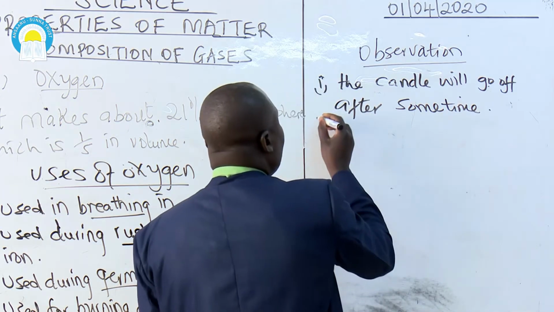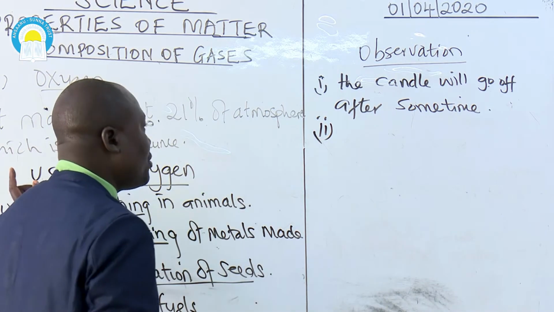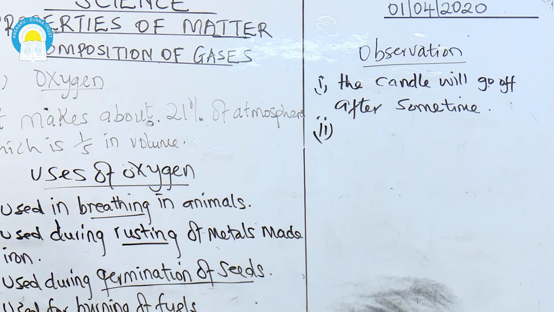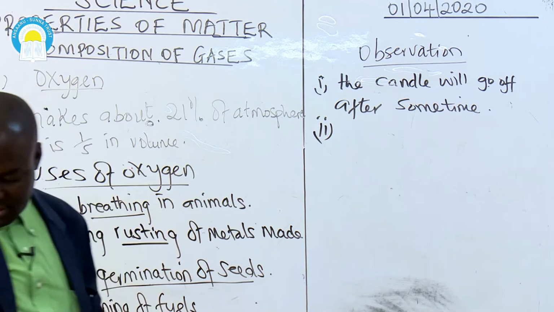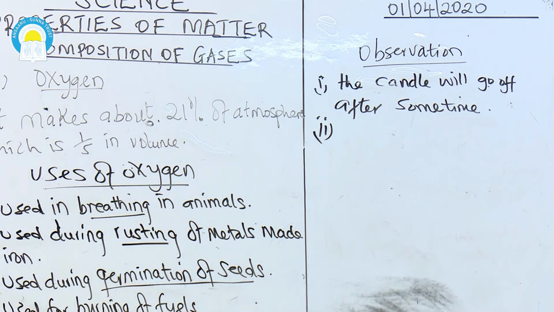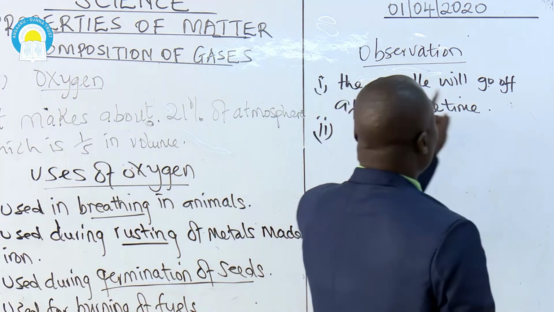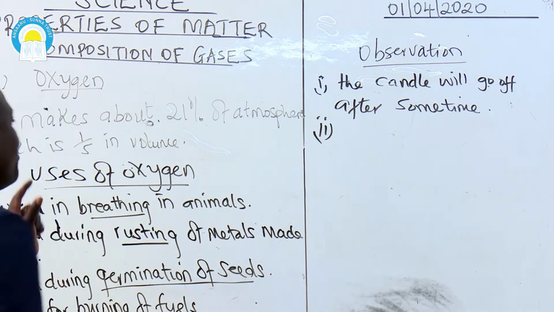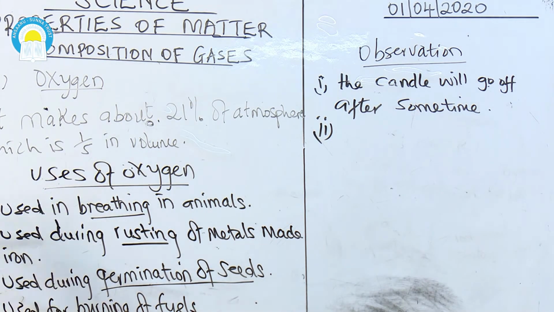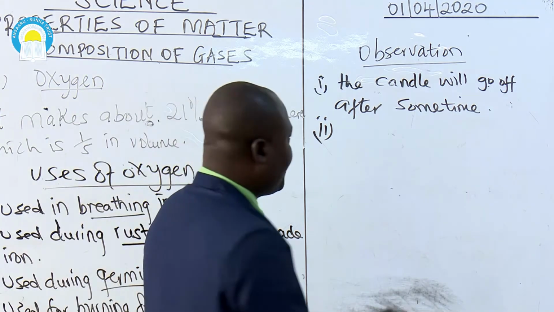Then number 2, another observation that you are going to see in this experiment. So the first one is the candle will go off after some time. Number 2, immediately the candle goes off, the water is going to rise.